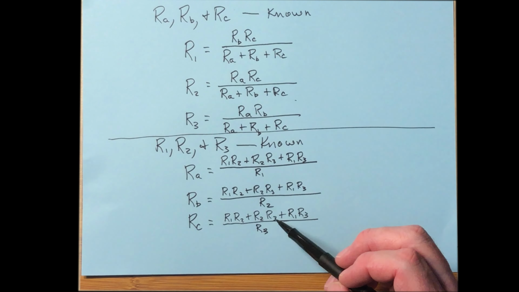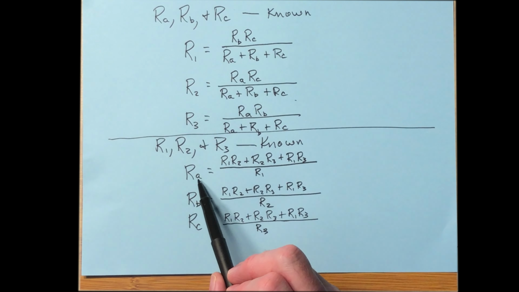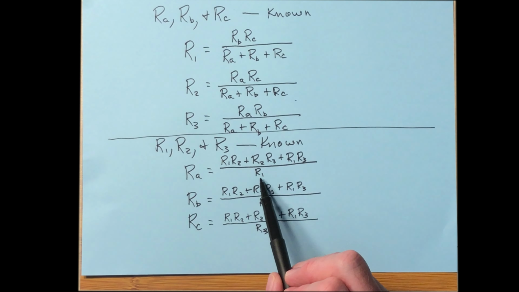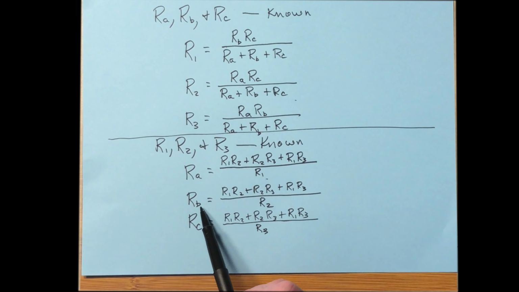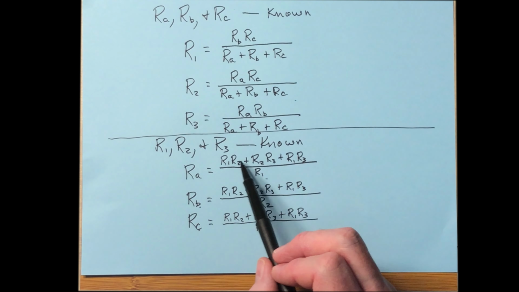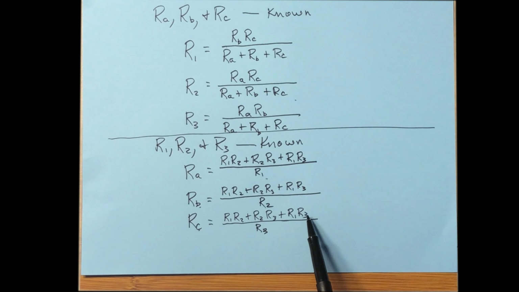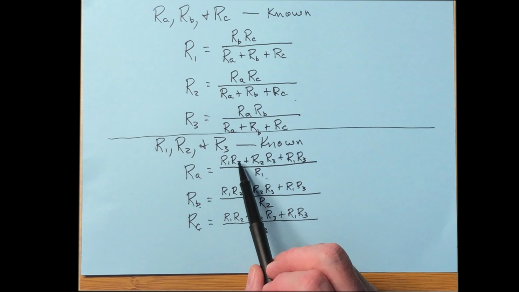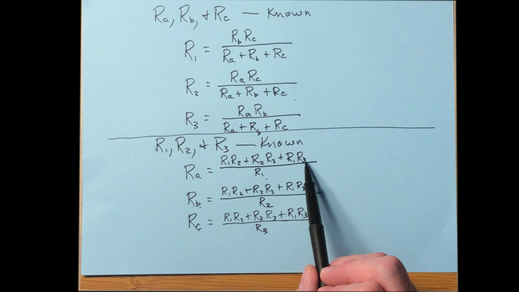And once again, there is a pattern here. Remember A, first letter of the alphabet? Well, there's R1 on the bottom of the fraction. B, second letter, R2. C, third letter, R3. The tops are the same for all of these, and that's just every permutation, so every combination of the three resistors: 1 2, 2 3, 1 3.